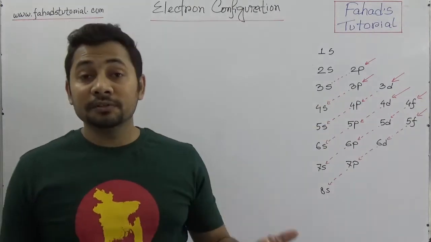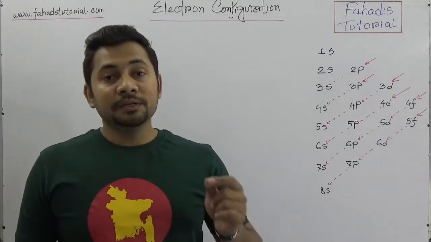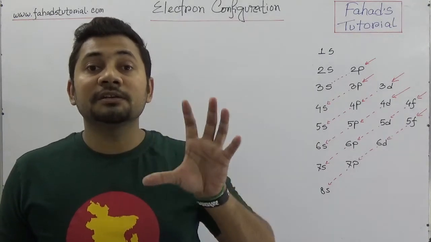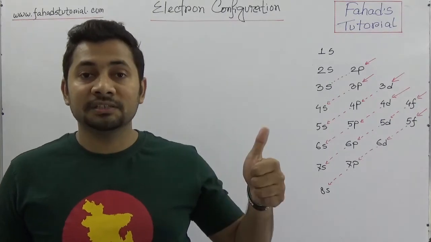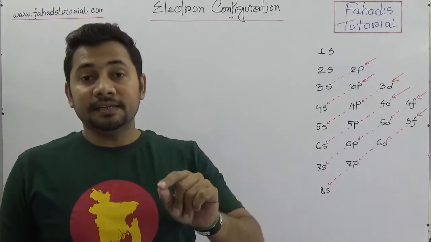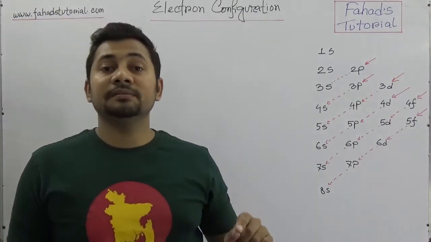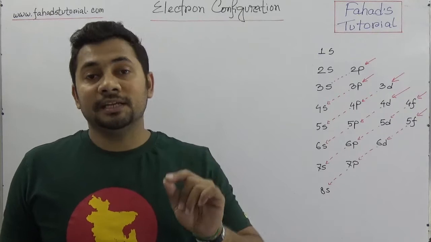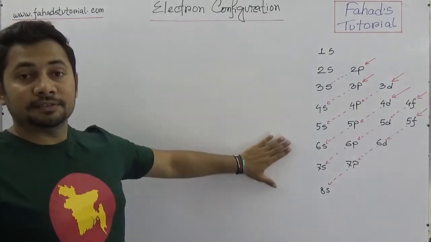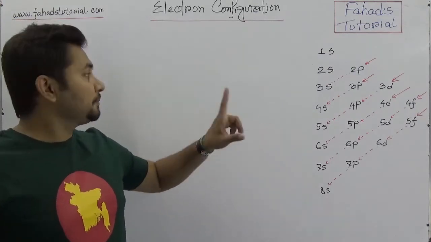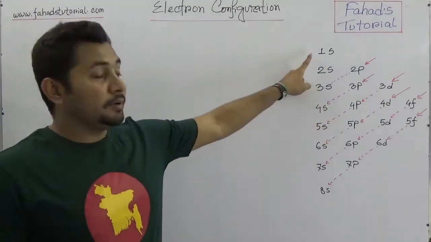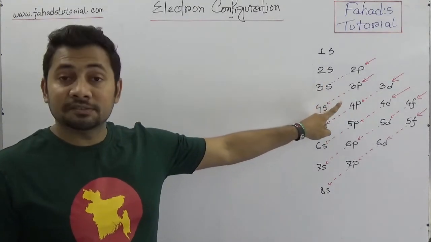To understand electron configurations, earlier in my classes I explained the s-p-d-f orbitals. According to Bohr's model, electrons revolve around the nucleus in circular paths, and these are known as the K shell, L shell, M shell, N shell and O shell. According to the 2n squared theory we know how many electrons can be in those shells. From those levels we also know there are sub-energy levels in each orbit, like 1s, 2s, 2p, 3s, 3p, 3d.